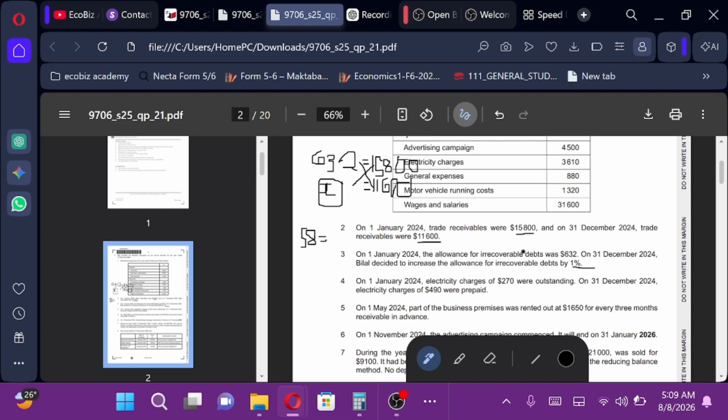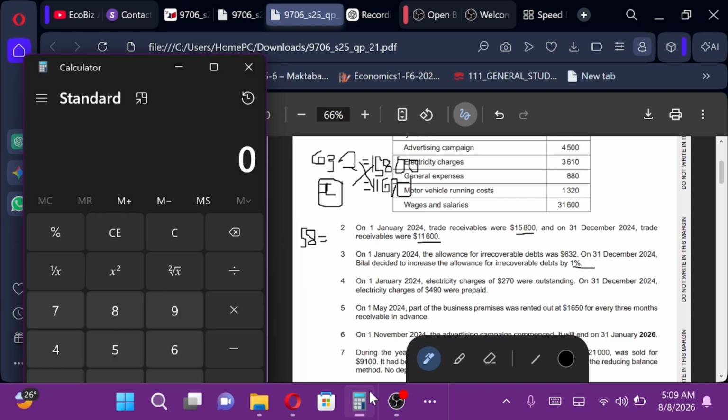So 580, we take that amount, we less with 632. So we take 632 minus 580, we get 52. Now this 52 is the percentage increase in allowance.